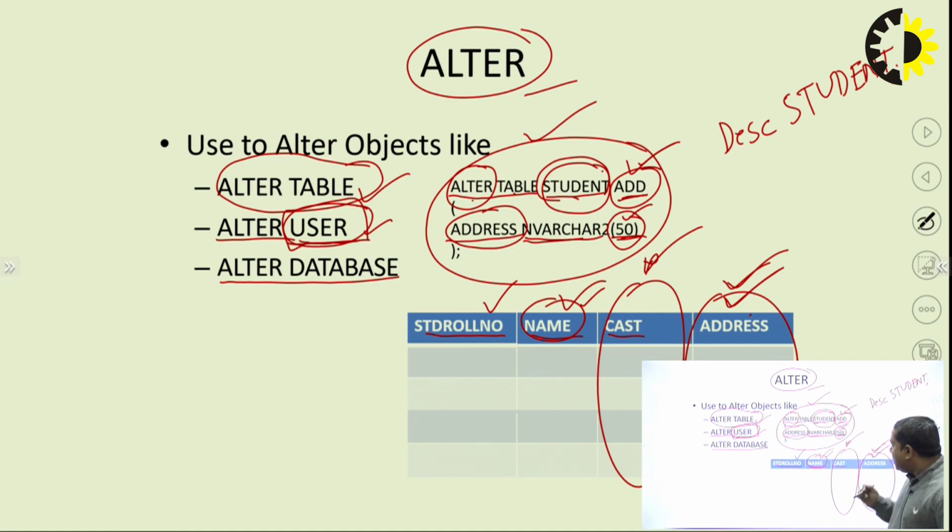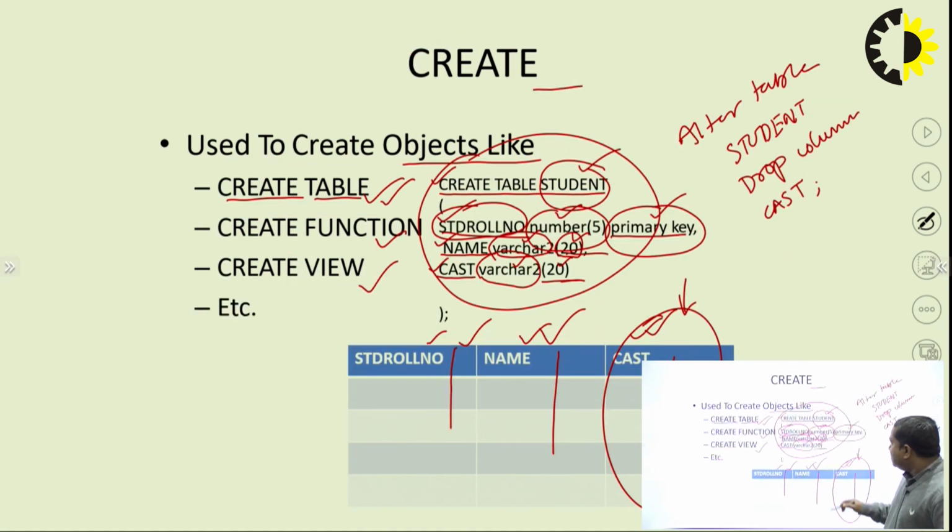Okay, for example, if we want to change the data type of name, or for example, if you want to change the size of this name, here existing size is 20, and the data type is varchar. So if you want to change this varchar to char only, or nvarchar, for example, we are just changing the data type along with its size.